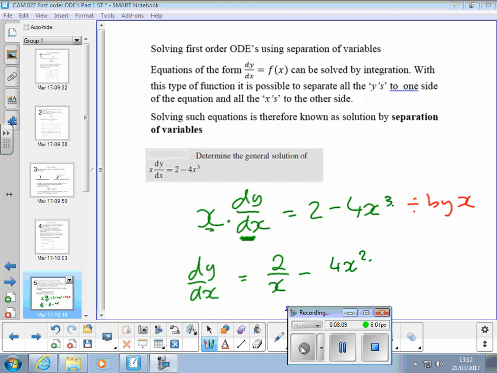You've probably gone a step quicker than perhaps I would have done. Does everybody understand that? What's happened here is this in longhand becomes 4x cubed over x, and then one of those x's cancels out.